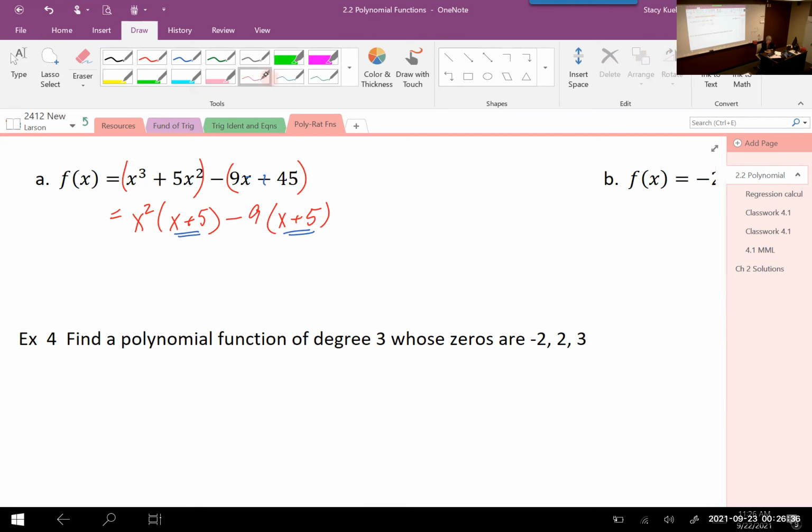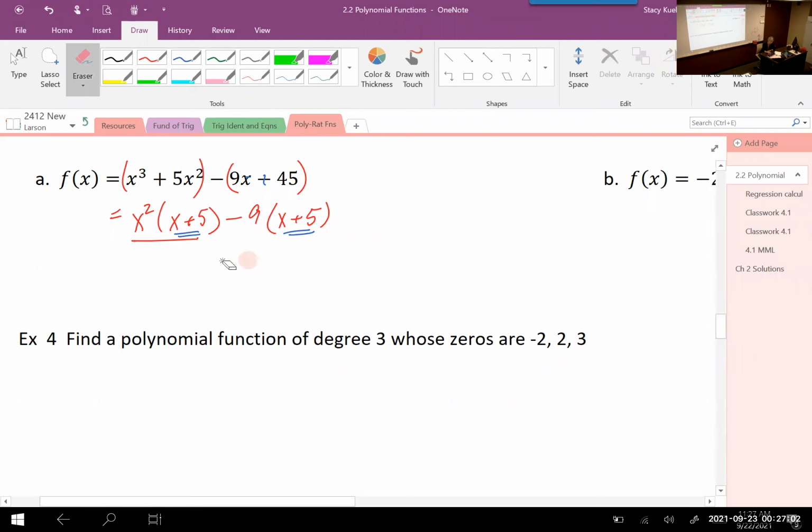And now, is there a GCF in between these 2 terms? X? Nope. X plus 5? X plus 5 is common between both of those terms, right? That's a GCF. It's the same thing as what we were doing above, so we're just repeating the process.